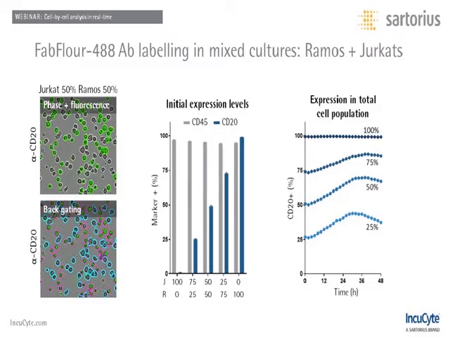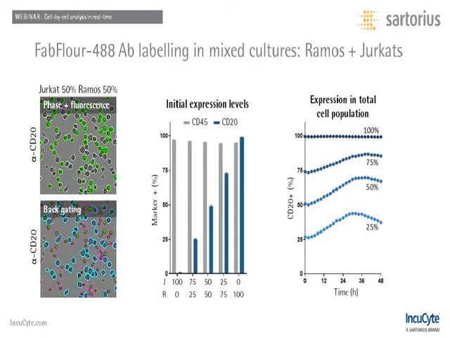This next slide further validates the ability to detect subsets using fluorescent markers. Here we use mixed populations of Jurkat and Ramos cells and labelled with a CD20 antibody. CD20 is a B cell marker and is only expressed on the Ramos cells. The images on the far left show a 50-50 mix of the two cell lines labelled with CD20.